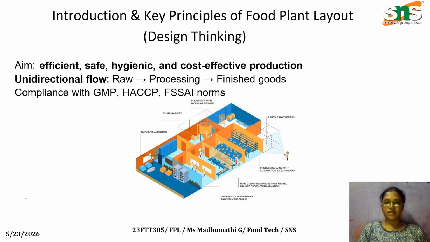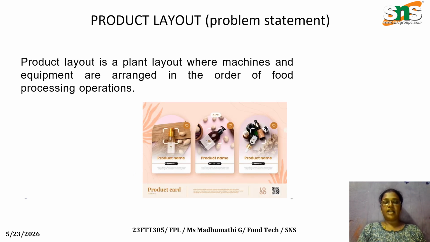We have to ensure that all this processing complies with regulatory standards like good manufacturing practices, hazard analysis and critical control points, and the Food Safety and Standards Authority of India norms. Based on this, now let's get into the layouts that we have to look into.